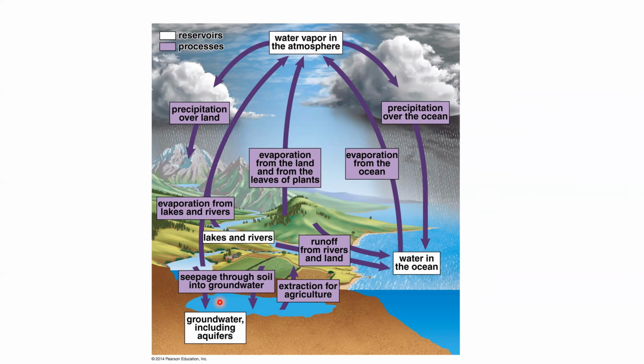And then water from this reservoir evaporates back up to the atmosphere, right? It can evaporate from the surface as well. And of course, we have water extraction for agriculture, but then it can again evaporate back up. So that's a simple and at the same time very complex, but definitely absolutely important water cycle.